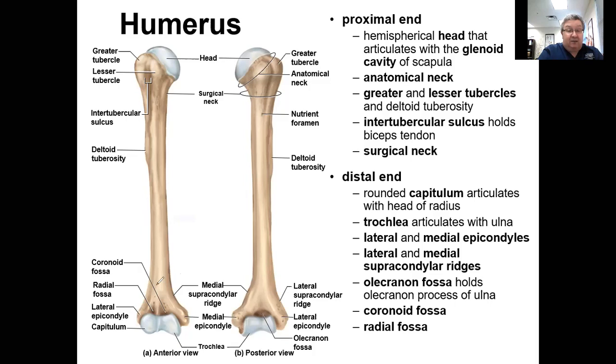On the sides, right here, on this side and on this side, there are ridges, all right? So you'll see right here a lateral supracondylar ridge and a medial supracondylar ridge. The lateral supracondylar ridge is really important because it's where the brachioradialis muscle has its origin.